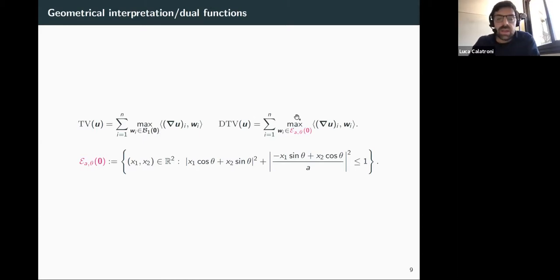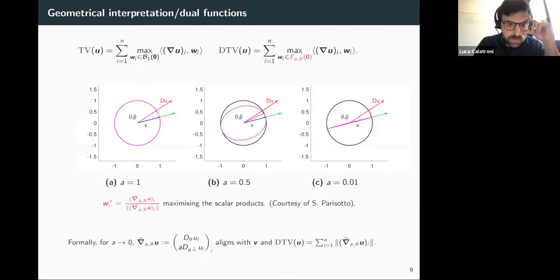And after some standard manipulations, you can show that in the case of DTV, the scalar product is maximized over the set of test functions which lie in an elliptical region defined here, characterized by the fact that theta represents the orientation with respect to the x-axis, while alpha denotes the length of the minor semi-axis.